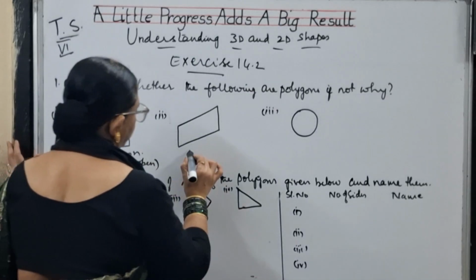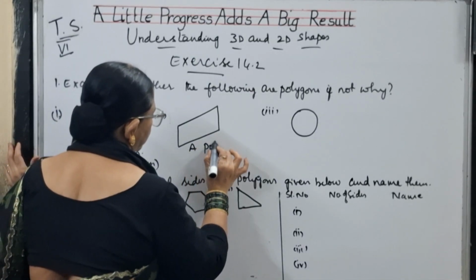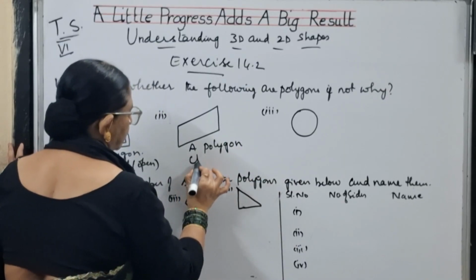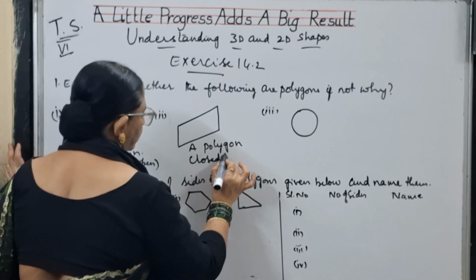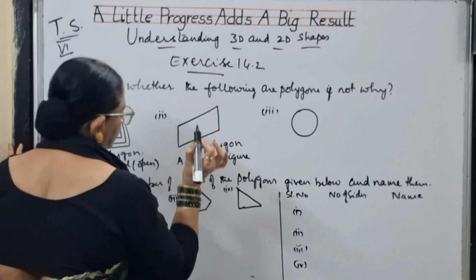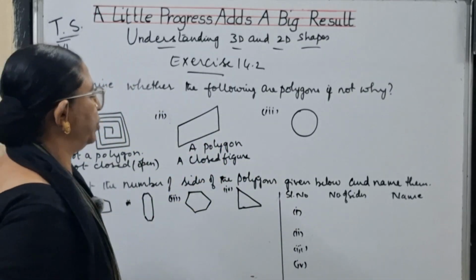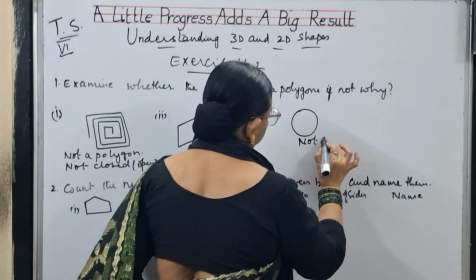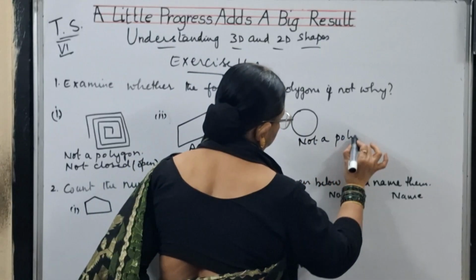And this is a polygon. Why? It is a closed figure, so it is a polygon. And this is not a polygon. Why is it not a polygon?